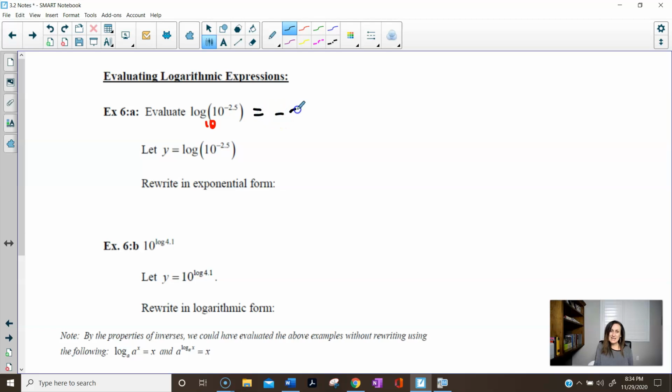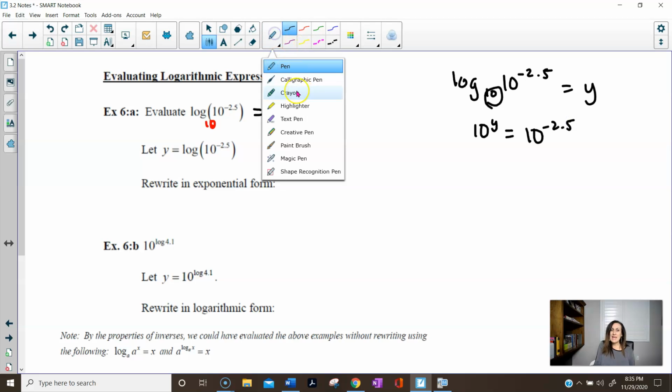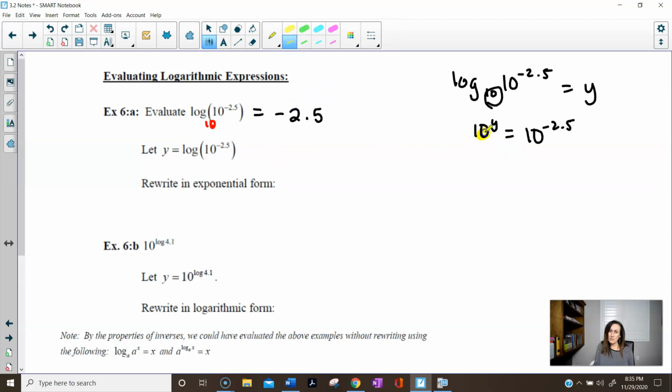It equals negative 2.5. The reason why is if you have log base 10 of 10 to the negative 2.5 equals y, then 10 is your base raised to the y power equals 10 to the negative 2.5 power. And now because my bases are both 10, I can simply set my exponents equal, which means that y is equal to negative 2.5.